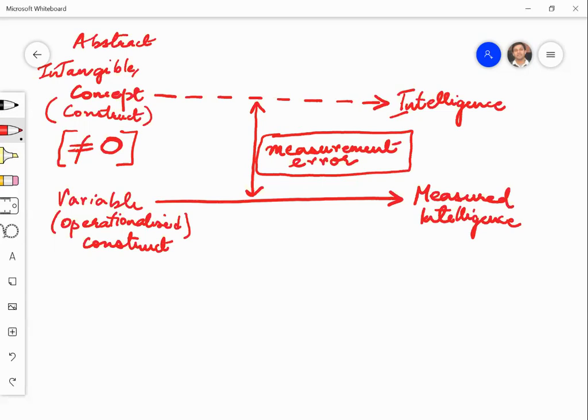Now, why is that so? Why do we not claim that we can make the measurement error zero? We usually say that there is going to be some non-zero measurement error in our measurement. And the reason is that we don't know the true construct.